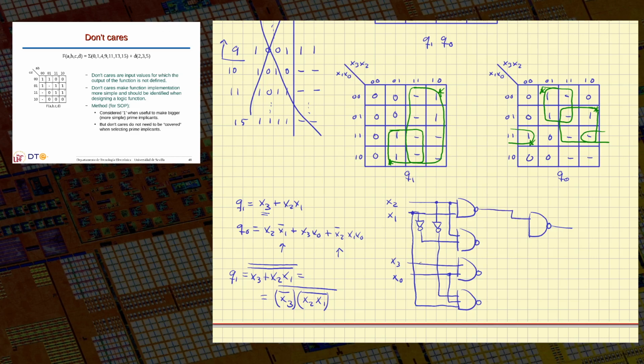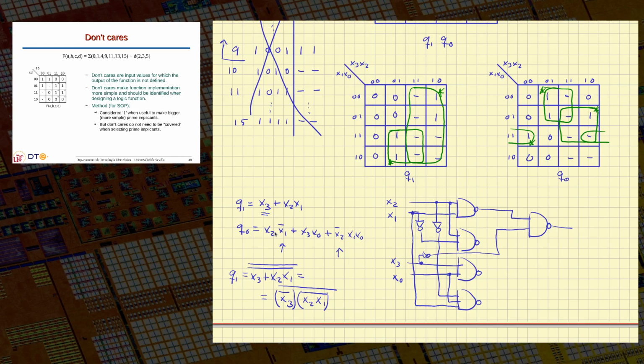I'm going to try to make it a bit clear. I'll take x3 through here. It's going to be not optimal, right? Okay, let's do it. Let's try to draw it here better. Okay, so I have the x3 complement, more or less, okay? So great. Now this is for Q1.